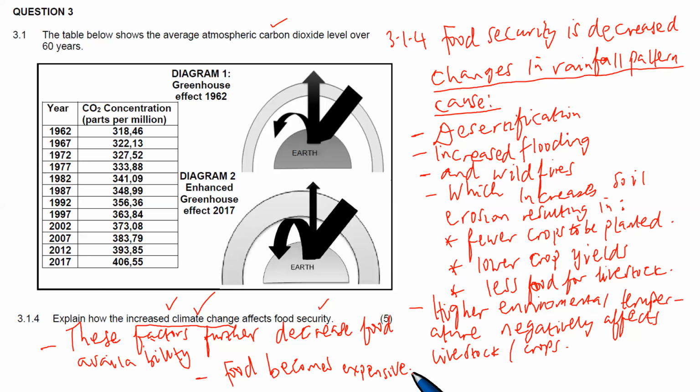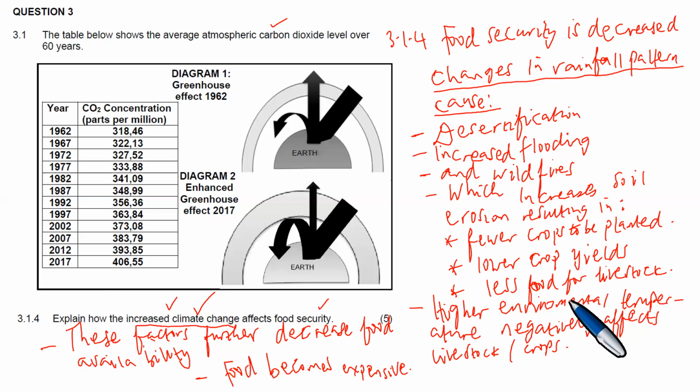Why is the food becoming more and more expensive? Because now there are changes in rainfall patterns and there's less food growing. There are lower crop yields, and therefore the farmers are harvesting less of what they expect to harvest. That's a consequence.